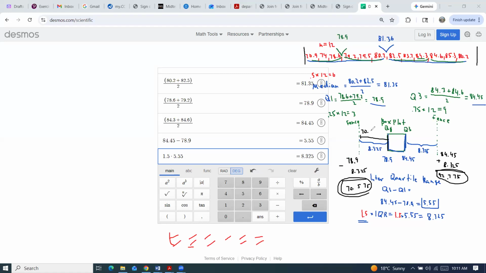Where did you see it? Well, my sample elements are here, my 12 elements sample. So the first is 70.9, the lowest. And my fence is actually 70.5 something. So it is almost on the fence, but it is fine because it's within the range allowed.